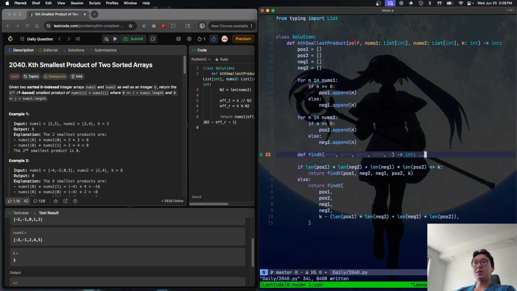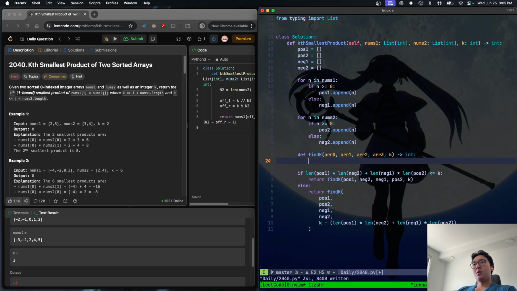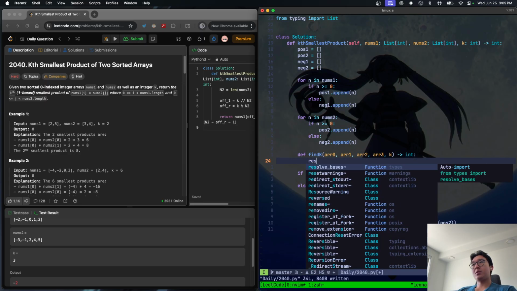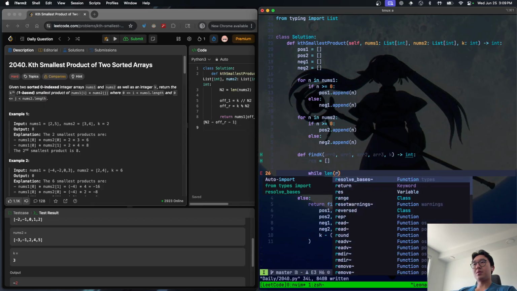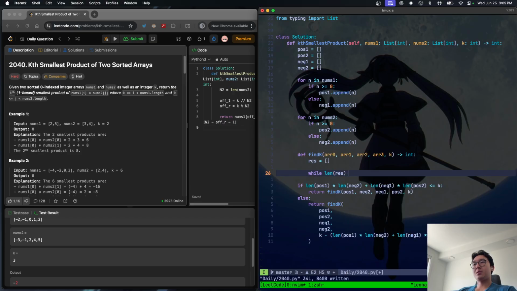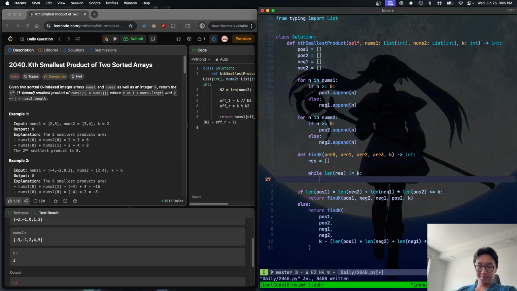Okay, and then here we're gonna do res is equal to this, while length of res is not equal to k. We need the pointer, right?